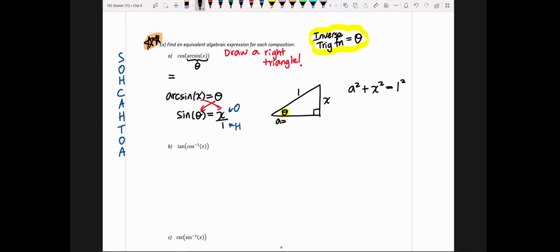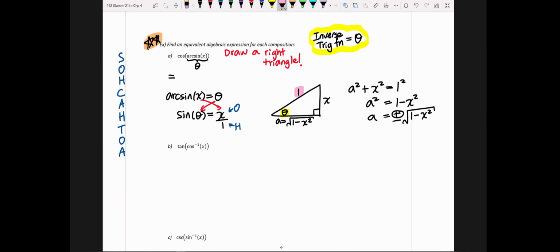Okay, so let's solve for A. So A squared is equal to 1 minus x squared. In the right triangle, the legs are positive, so A is the positive square root of the quantity 1 minus x squared.